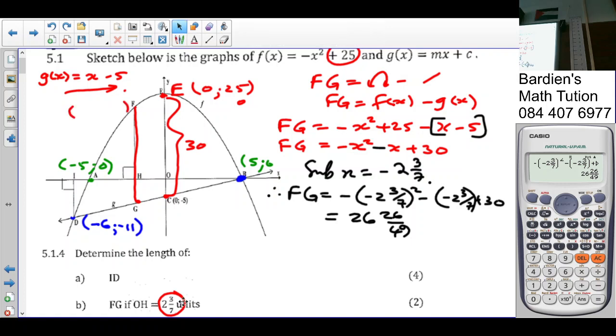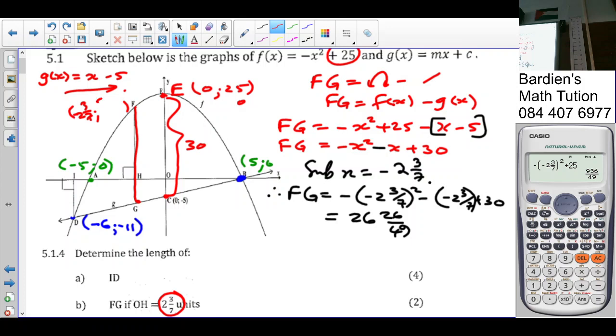So that is going to give us, negative, open brackets, negative 2 and 3 over 7, squared, plus 25, then you get 900. So that's going to be negative 2 and 3 over 7.